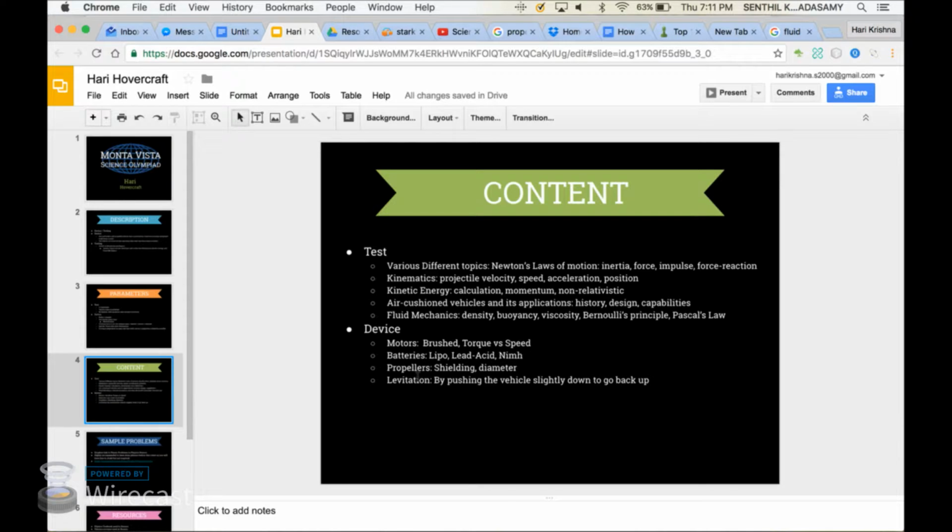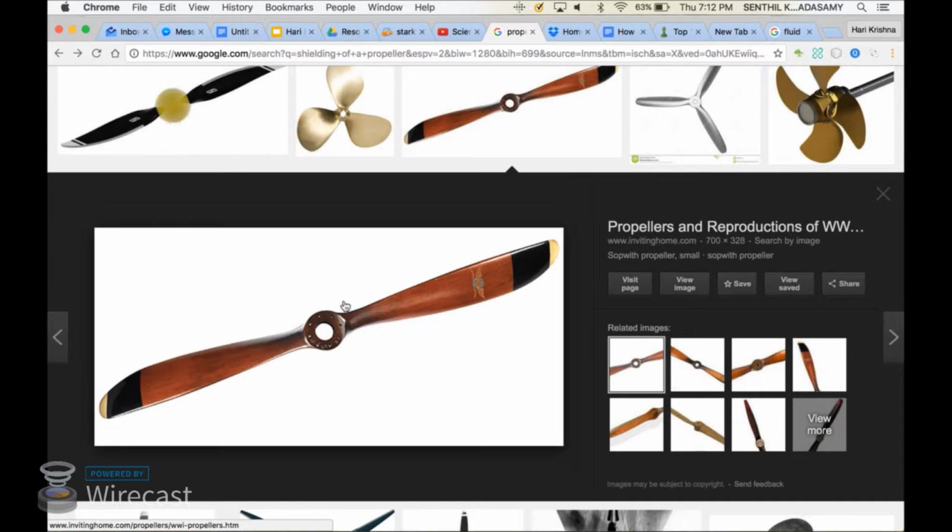Propellers. There are rules about propellers, and propellers can be anything, like anything you see in your fan that rotates. Shielding would be the thing that goes in the center, I believe, and that has to have a certain dimension.